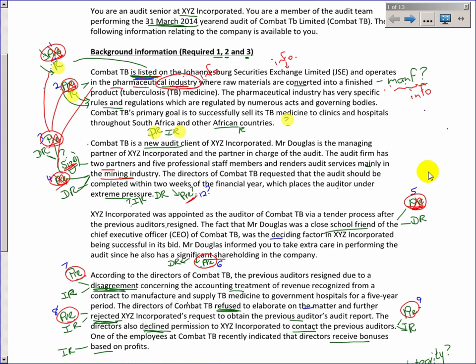The pharmaceutical industry has very specific rules and regulations. Again, information that I need to know. Would it impact the business, and would I need to know about it as an auditor? Yes. Which are regulated by numerous acts and governing bodies. Their primary goal is to successfully sell their medicine to clinics and hospitals throughout South Africa and other African countries.